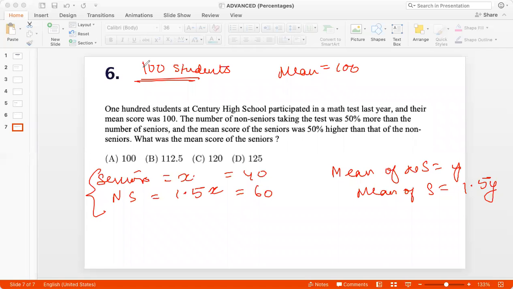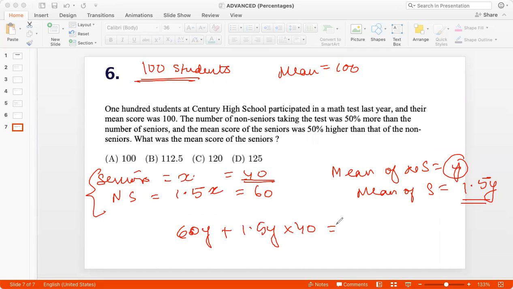So if I take the average of the non-seniors and multiply it with the number of non-seniors, 60y, and I add that to 1.5y into 40, then this is the total score of all students, right?